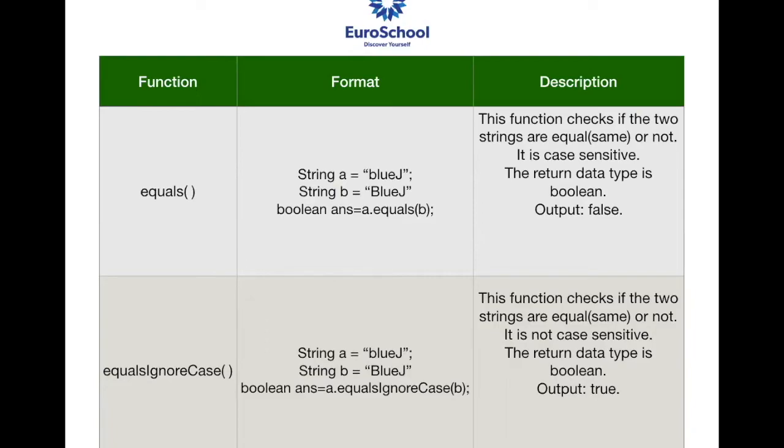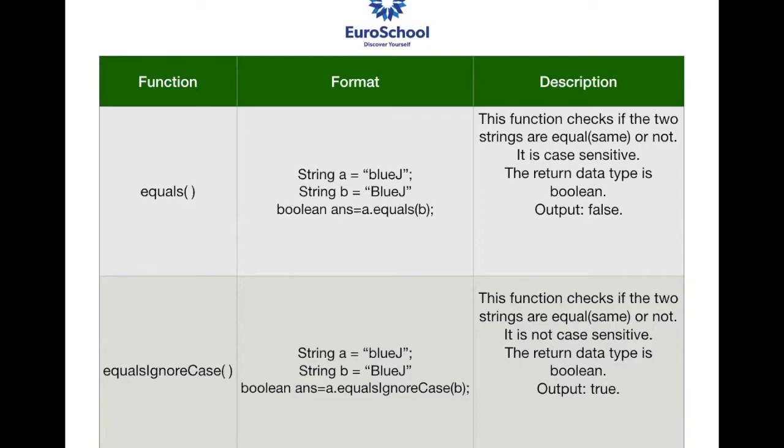So you're going to give me the answer either yes or no, so it is supposed to be of Boolean type. Output, as you can see here, the whole word is exactly the same, but the B is changed. In one place it is a small letter, in the other place it is capital. So the output is coming as false.